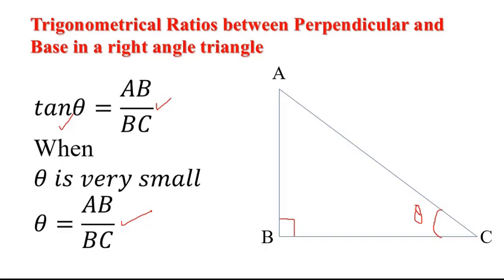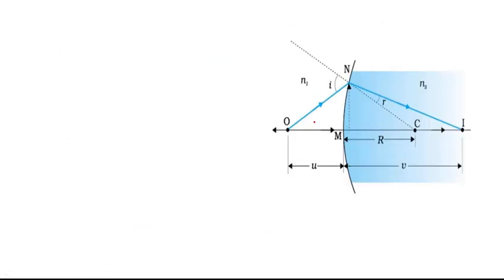Now I am going to start to prove this relationship. So we consider this figure. This is n1 and n2. These are the refractive indices, and these two media are separated by a spherical surface NM.